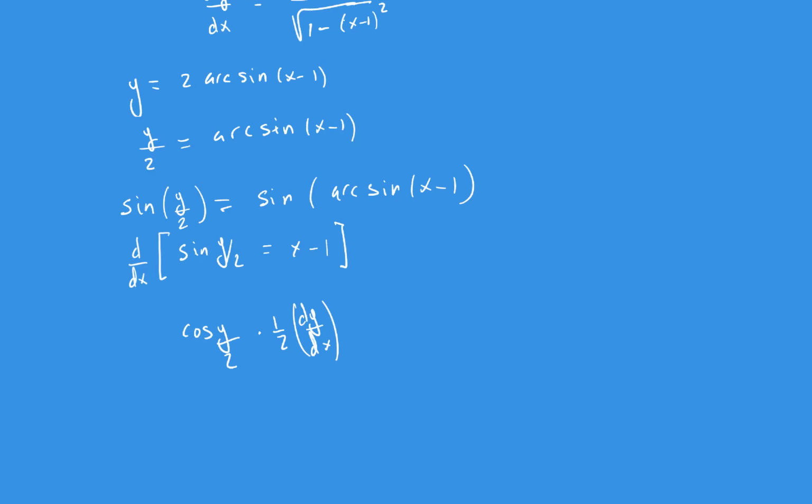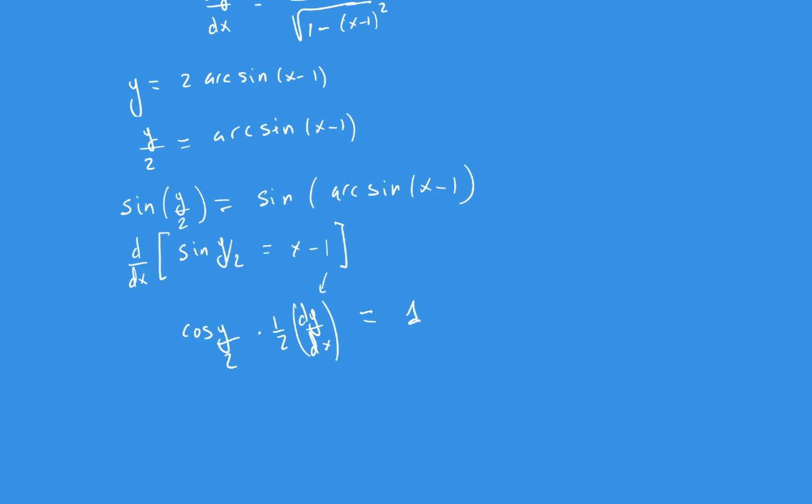This is what the problem is asking me. So I will solve for the derivative of y with respect to x. And on the right side of the equation will appear the derivative with respect to x of x minus 1. The derivative of x is 1, minus the derivative of 1, which is 0.